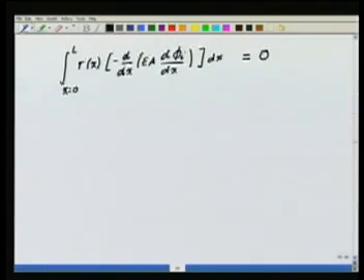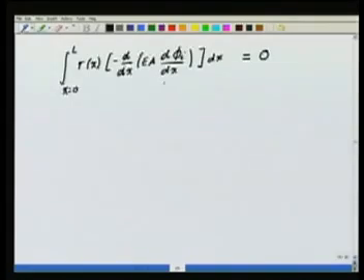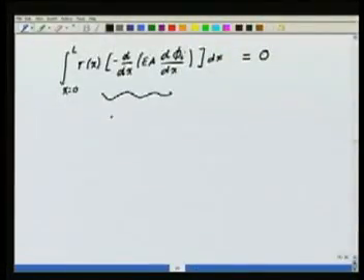This is equal to 0. So r of x, which has the u tilde sitting there, into minus d dx of Ea d phi I dx, is nothing but the derivative of r of x with respect to alpha I. So this whole thing, r of x into dr d alpha I, has to be equal to 0.